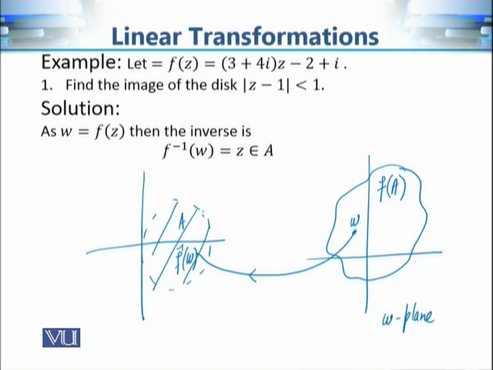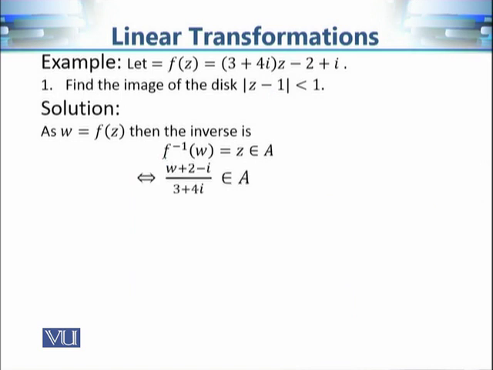And if w does not belong to f of A, let's say it is some other w prime, then its inverse definitely does not belong to the set A because it is not in the image. So all those w's such that f inverse of w belongs to A are the elements of the image of this disk.